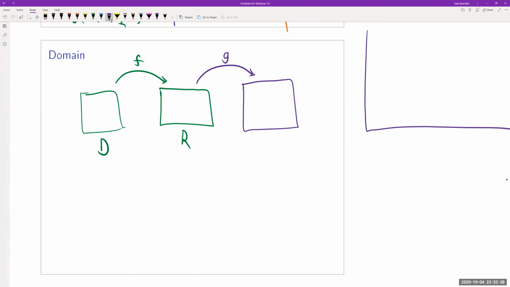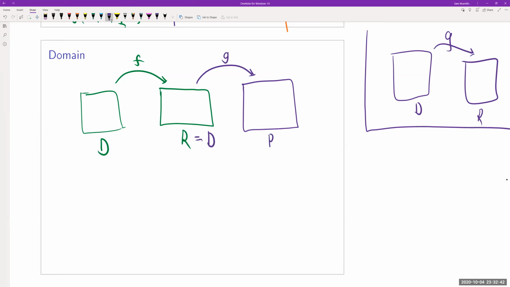So on its own, I have to consider the domain of g. G has a domain and a range. But now what I see here is that the range of f is equal to the domain of g. So in other words, the output of f has to be able to be an input of g.